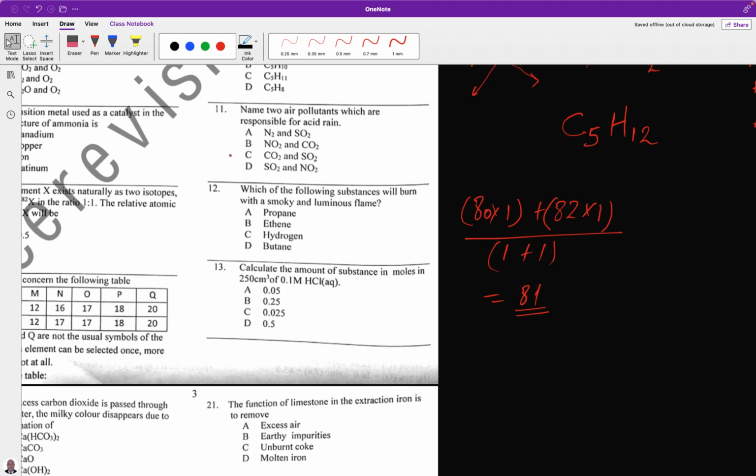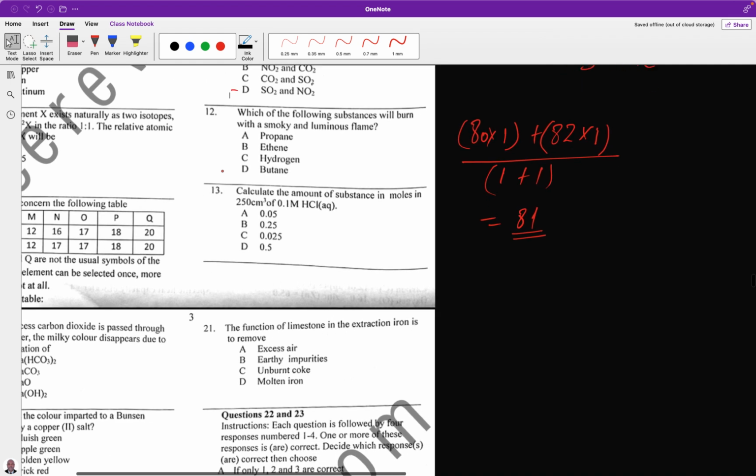C, carbon dioxide and sulfur dioxide. There is sulfur dioxide, but not the other one. D, sulfur dioxide and nitrogen dioxide. D is the right answer. These are the air pollutants responsible for acid rain: sulfur dioxide and nitrogen dioxide.